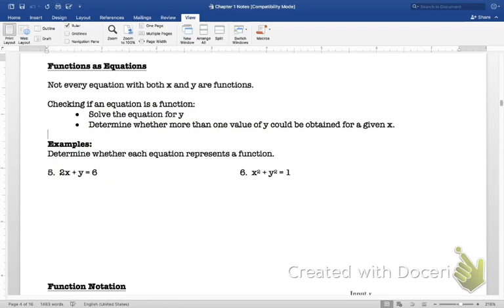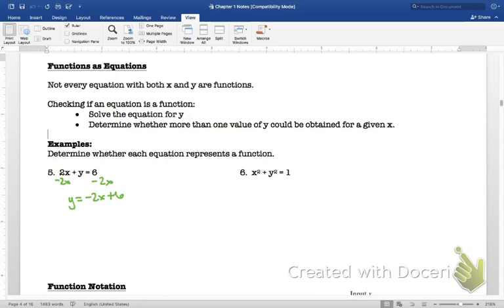Like if I have 2x plus y is equal to 6, if I solve for y, I'm just going to subtract 2x from both sides, and I'm going to have y equals negative 2x plus 6. Now, is this going to be a function? What kind of equation is this? Yes, it's a function. It's a linear function. It's y equals mx plus b. It's a straight line.